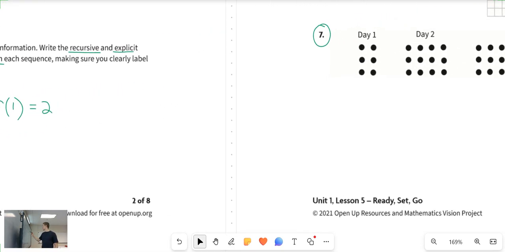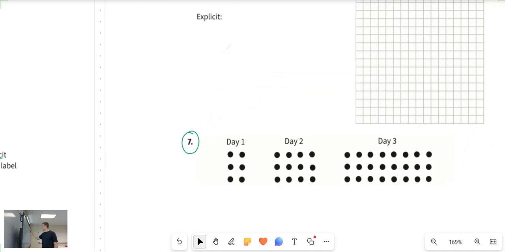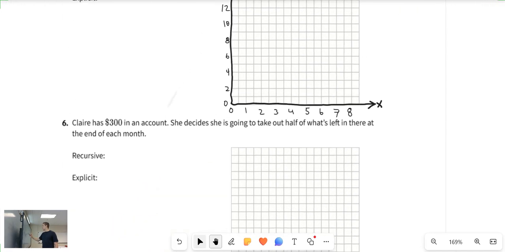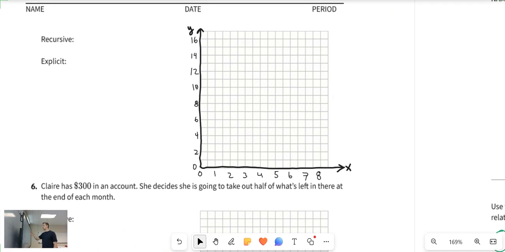Now we have to go and graph this. We go over to the next page, and our axes are labeled. It says to do our recursive and our explicit here, so we can rewrite those. Recursive, can we remember it? It was not in orange, it was green.